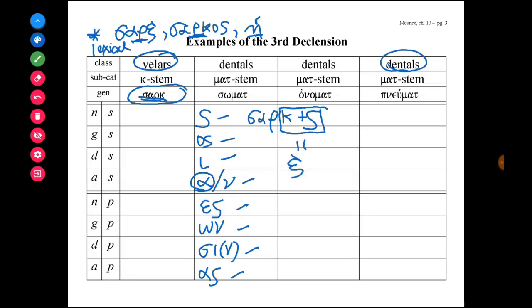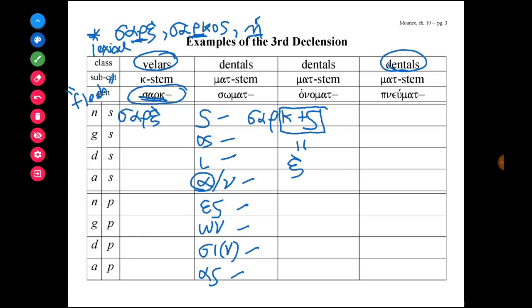So you never see the kappa and sigma; they combine to form an affricate among the velars. Therefore the nominative singular form is sarx. Sarx, by the way, means flesh. That's the word for flesh or body. Sometimes Paul uses the word sarx pejoratively to talk about the works of the flesh, or the works of our sinful nature. Flesh meaning our sinful nature.